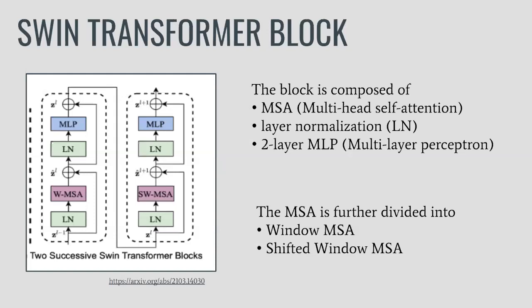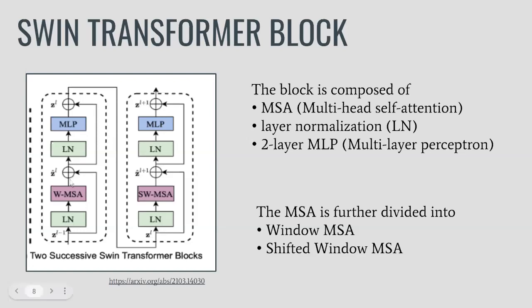As we see, the Swin transformer block consists of MSA, which is multi-head self-attention, and you can see there are two. W stands for window-based and SW stands for shifted window-based. Then there is layer normalization and two MLP.